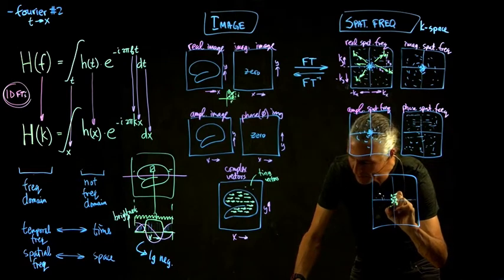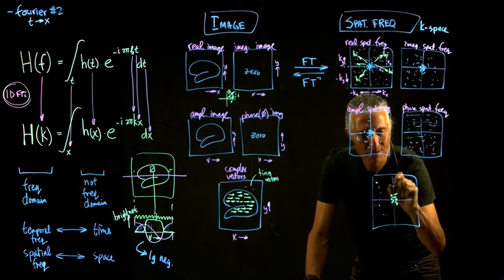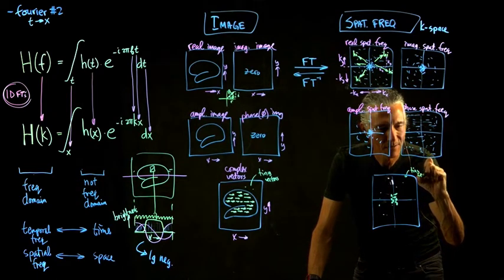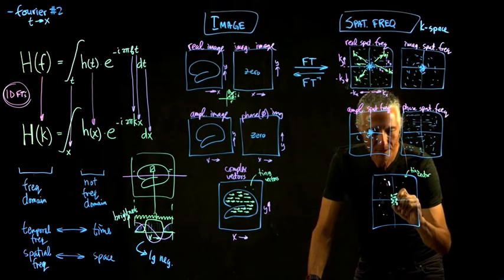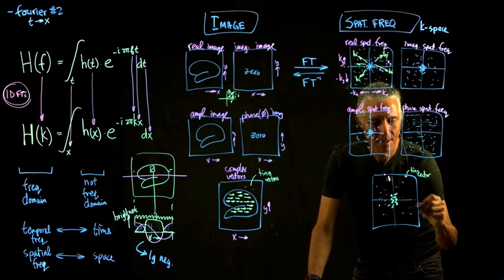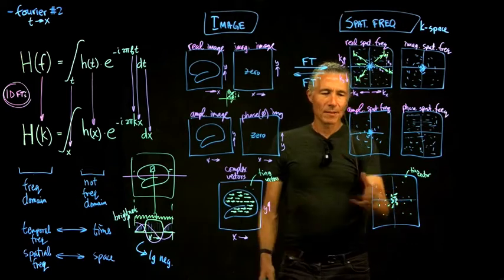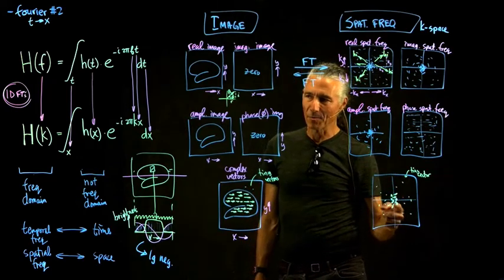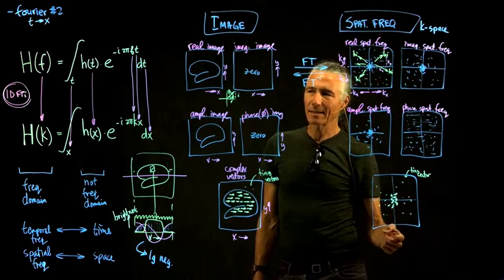And then as you go further out, there'll be tiny little vectors. So in some respects, this is the most basic one. It's a bunch of little vectors at each xy point, kx, ky point.